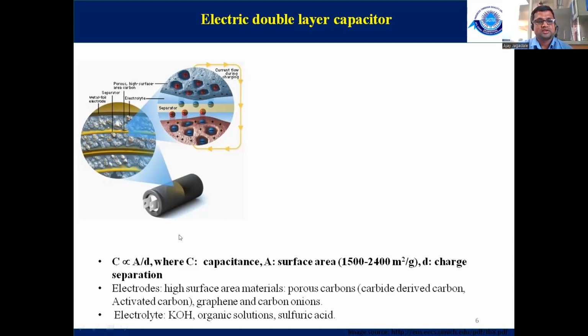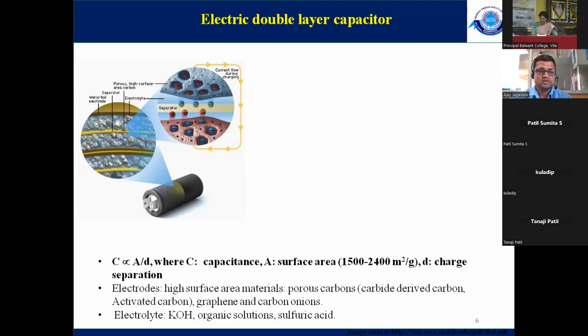Normally when we say supercapacitor, we don't say it is a super battery, right? We call it a supercapacitor. Of course it is close to a capacitor, but what is the difference between capacitors and supercapacitors? The electrostatic capacitor is well known, and in our 12th standard, and even at undergraduate level, we have studied dielectrics and mainly electrostatic capacitors.